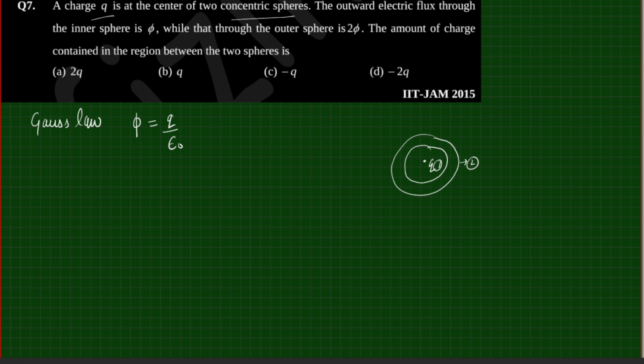Through the first sphere, flux is phi equal to Q by epsilon naught, and through the second sphere it becomes 2 phi, and there is an addition of charge, Q plus Q prime, because flux will increase when there is an increase in charge. So let's say Q prime charge is increased, divided by epsilon naught.